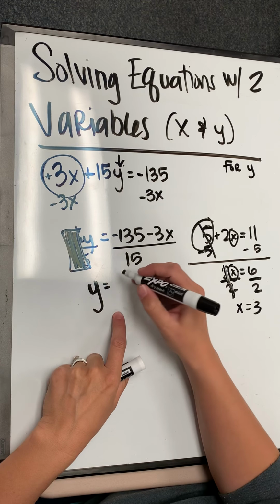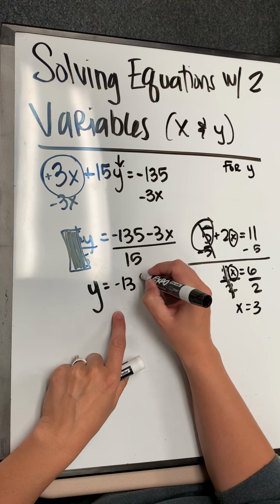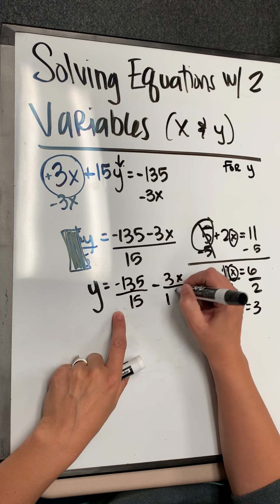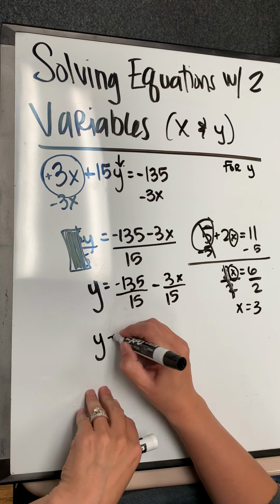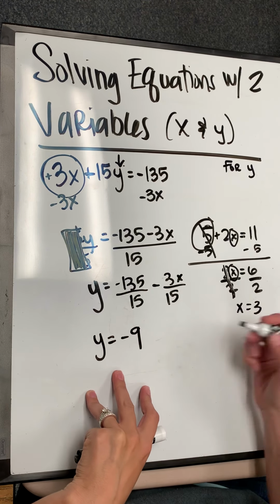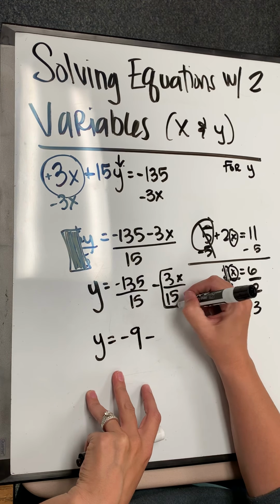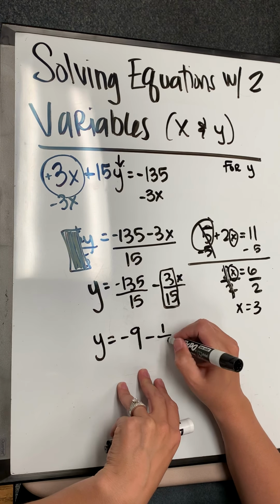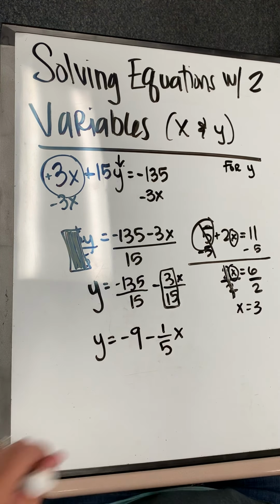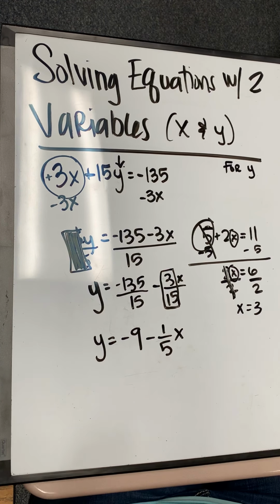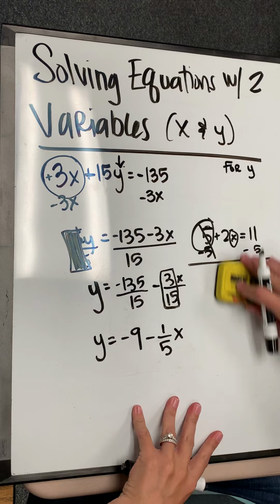So I would say negative 135 divided by 15 minus 3x divided by 15. So then it becomes y is equal to a negative 9, if you do that, minus this doesn't come out to be a whole number, it's actually a fraction, so we'll keep it as that fraction. And that is how you would solve for y. I'll show you another one.